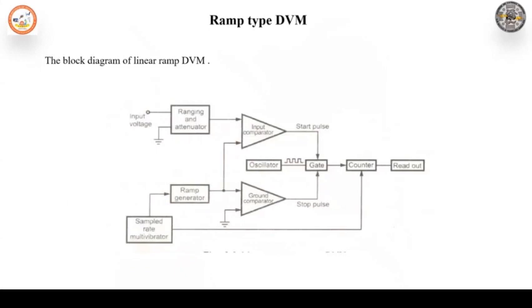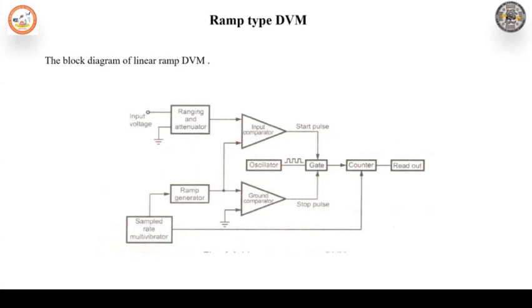Properly attenuated input signal is applied as one input to the input comparator. The ramp generator generates the proper linear ramp signal which is applied to both the comparators. Initially, the logic circuit sends a reset signal to the counter and the readout. The comparators are designed in such a way that when both the input signals of comparator are equal, then only the comparator changes its state.